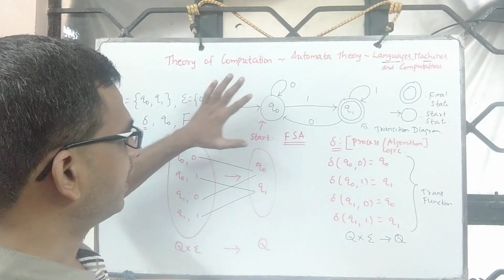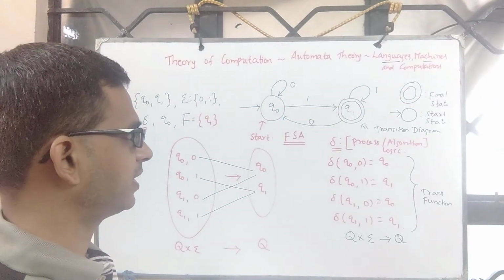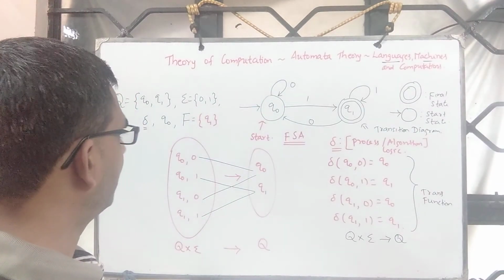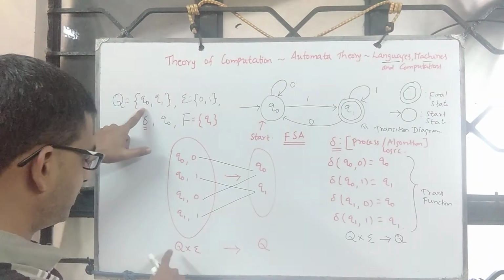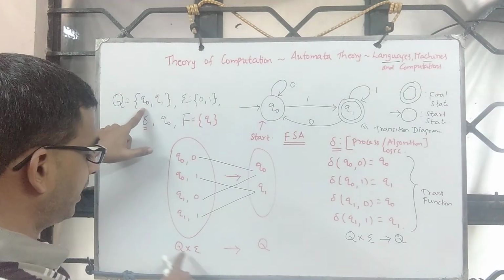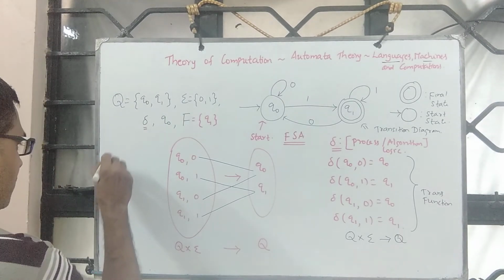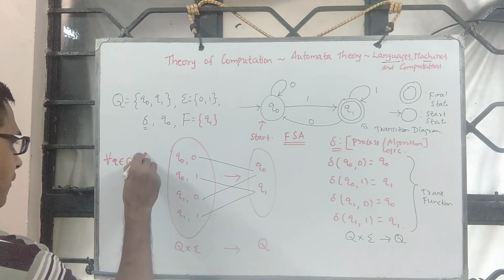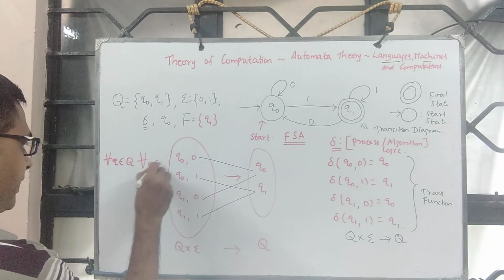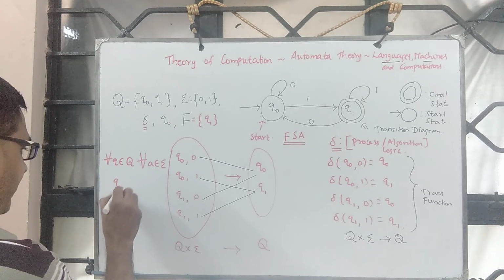Okay, and for each of them you see the description is given, and most importantly it is Q and sigma, which means for all q belonging to Q and for all a belonging to sigma, you should have the entry.